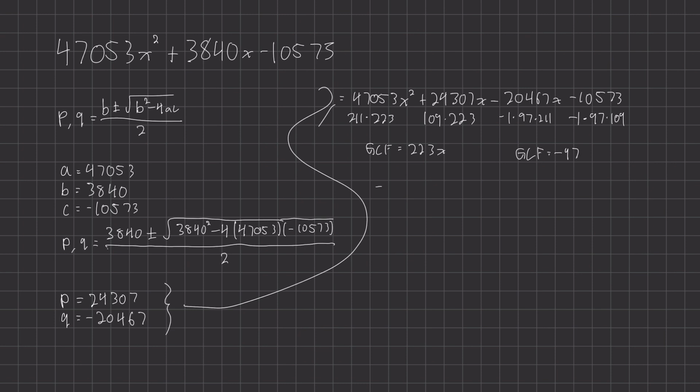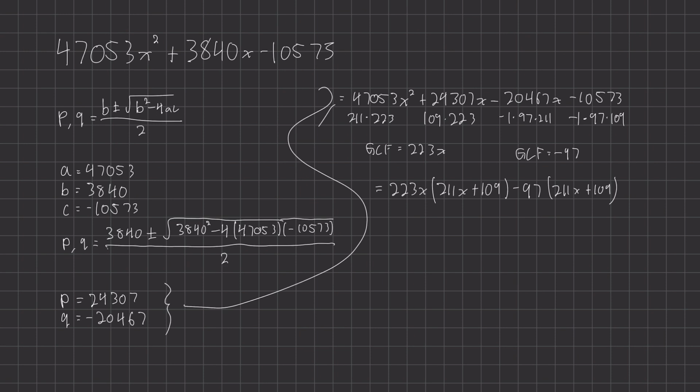Now knowing those, we can simply factor by grouping. For our first two terms, we can factor out 223x, which leaves us with 211x plus 109. Then we factor out negative 97 for the last two, and we are left with 211x plus 109.